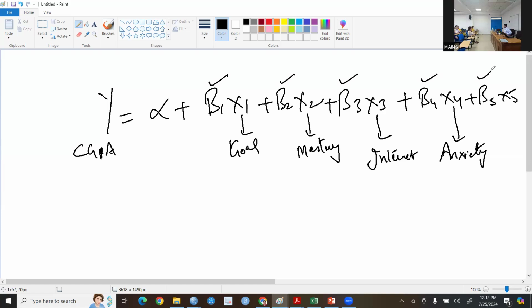So beta checks the sensitivity of the independent variable on the variance of the dependent variable. And there is another variable also, that is plus beta 6 x6. X6 is gender. Can I take gender, nominal data, into regression?